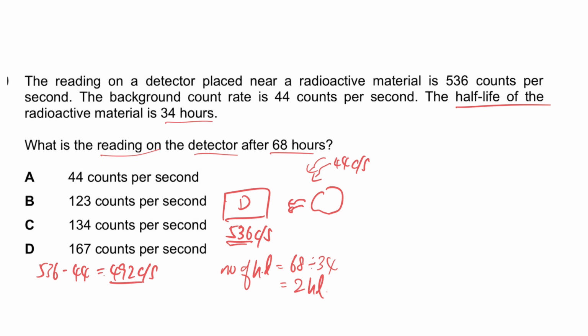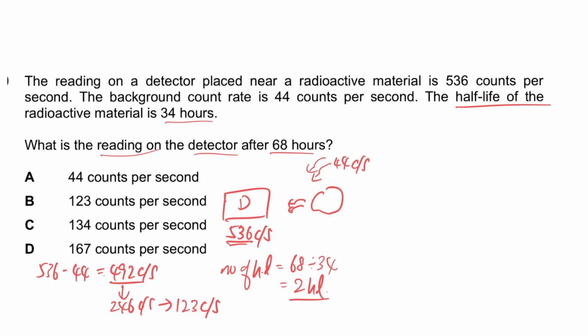After one half-life, which is 34 hours later, the counts per second will be reduced by half. So you divide by 2, that will be 246 counts per second. And then after another half-life, because there are 2 half-lives here, you divide by 2 again, it becomes 123 counts per second.